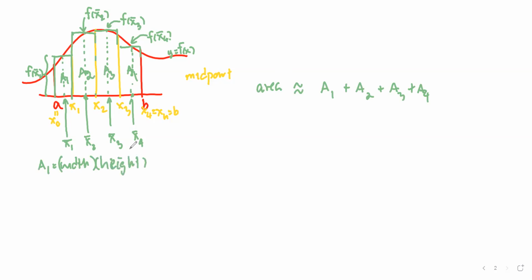Okay, what is the width? The width is delta x, and delta x is computed by b minus a divided by n. And the height is the function at each x bar.